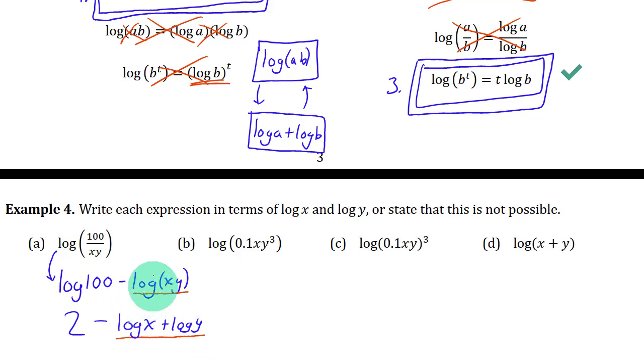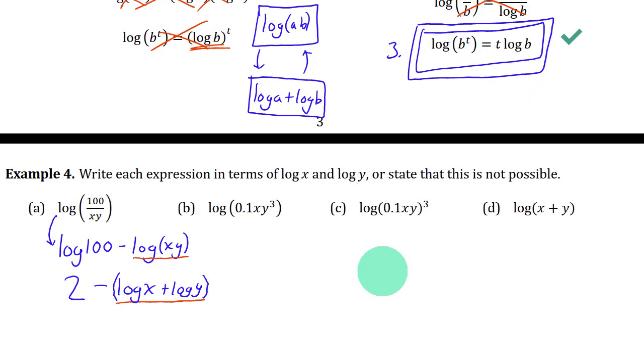But careful, because if we're subtracting this whole thing, the way this is written right now, you'd just be doing 2 minus log of x, but then plus log of y. So to show that you're subtracting the whole thing, we need to put parentheses around that. And if you want to write it without the parentheses, you can distribute that minus in there and write it as 2 minus log of x, and then minus log of y.